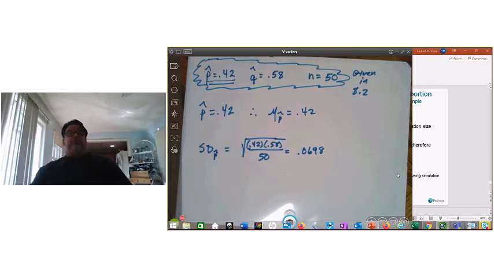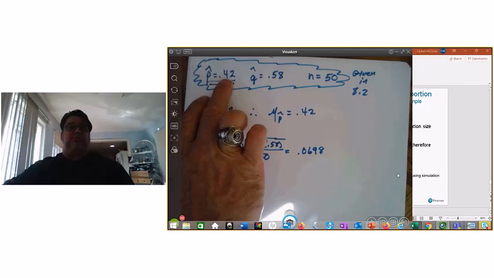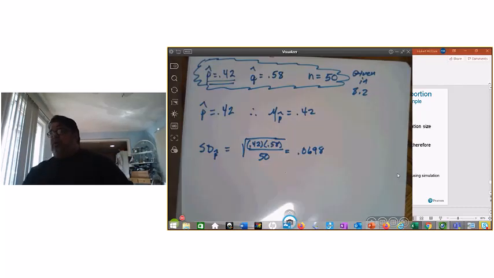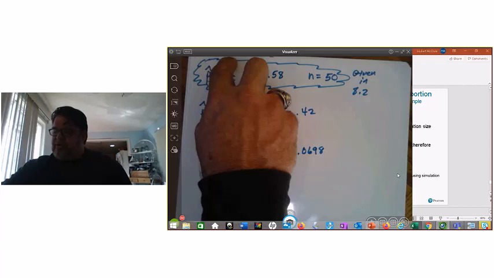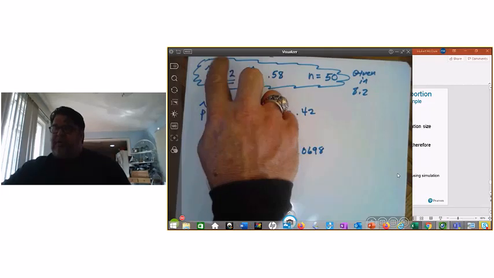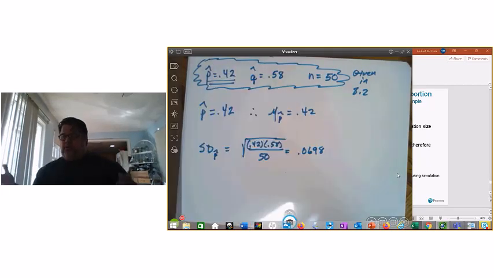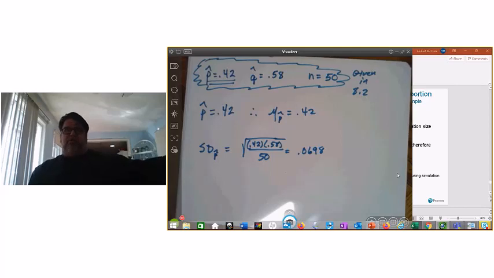They may say 42%. If they do 42%, you just change it to a decimal. If they give you 200 people that work at blah, blah, blah got sick out of 500, then you would say 200 over 500, and that would be 2 over 5, which is equal to 0.4. Okay? So you would change it.